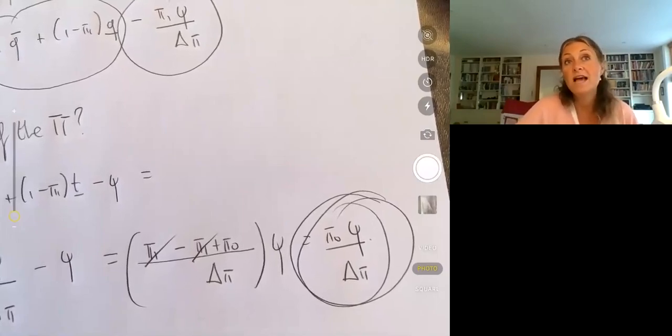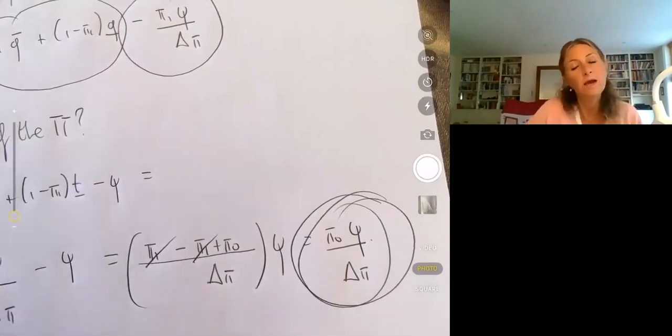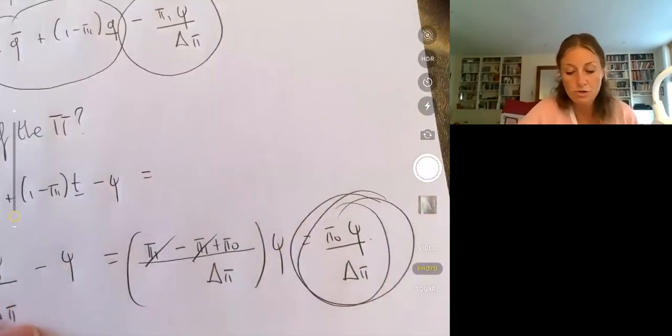Why? Because he has an incentive not to do so, because in the worst possible case scenario, he's not going to pay back anything. So this is something that I would like you to pay attention to.